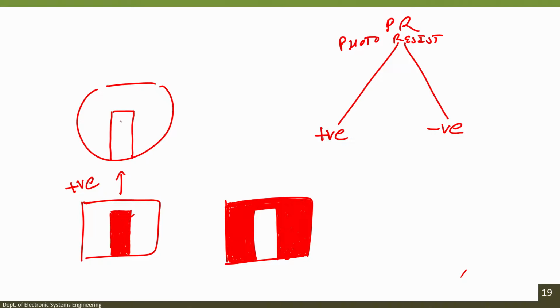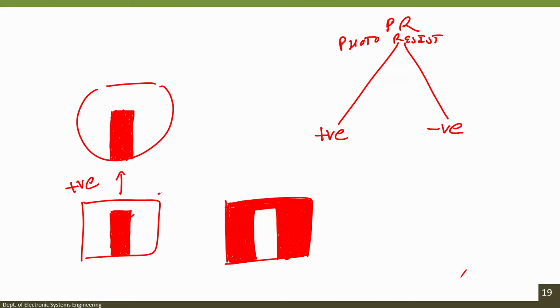Let me quickly draw like this. That means that the same pattern can be transferred to the silicon substrate if I use the bright field mask and positive photoresist.